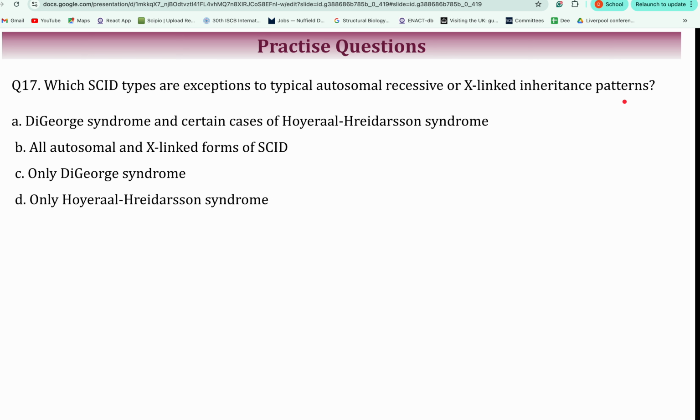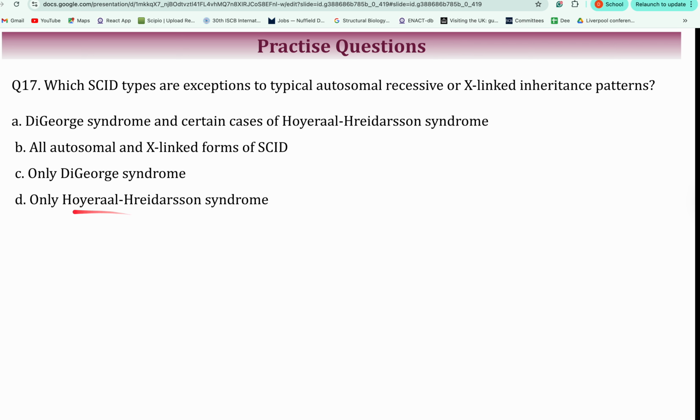So next question is, which SCID types are exceptions to typical autosomal recessive or X-linked inheritance patterns? Option A, DiGeorge syndrome and certain cases of Hoyeraal-Hreidarsson syndrome. Option B is all autosomal and X-linked forms of SCID. Option C, only the DiGeorge syndrome.